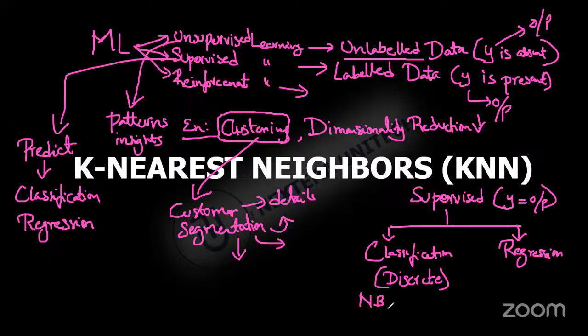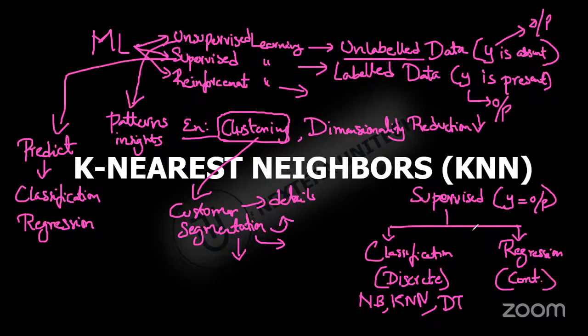Examples: Naive Bayes, KNN, decision tree. These are called shallow methods, shallow techniques, which are widely used for classification. Apart from classification, we can also use these algorithms for regression. Now let me come to regression. Regression algorithms are used when the values under the Y column are continuous.